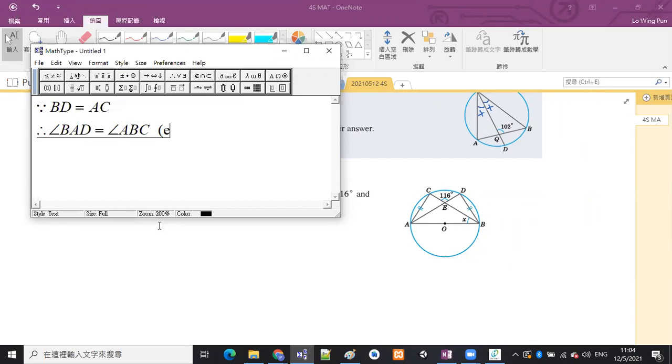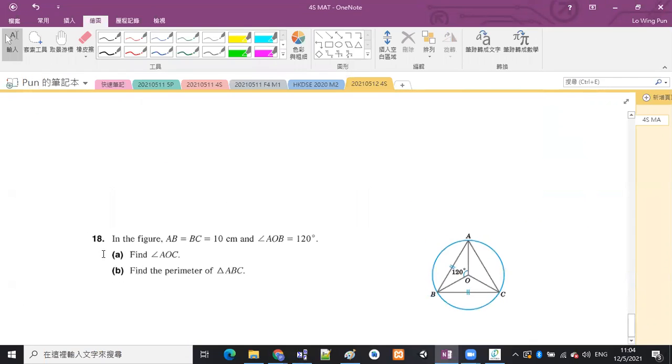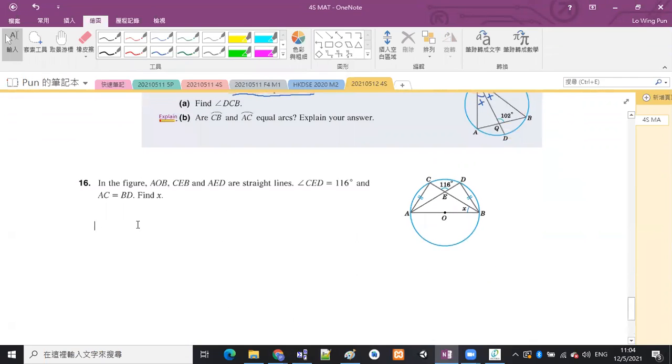And this is equal chords, equal angles. Okay? Which means that angle BAD is equal to X.